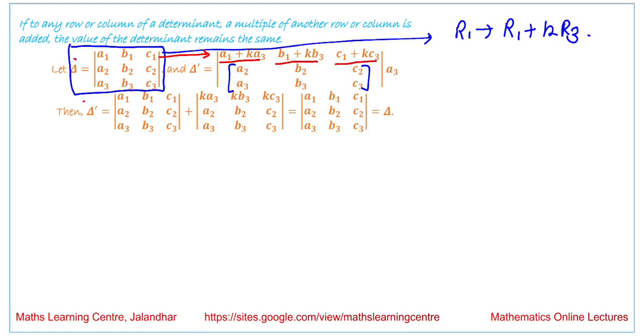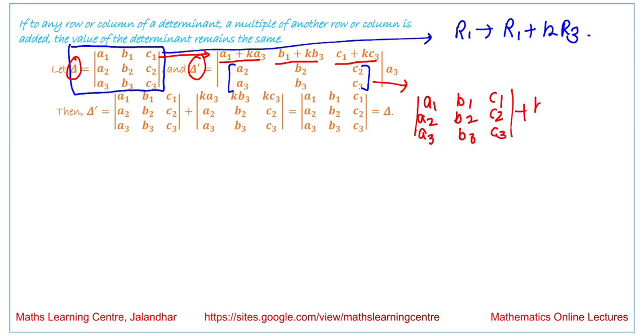We are saying the determinants of both delta and delta dash are equal, because this determinant we can write as determinant of A1 B1 C1, A2 B2 C2, A3 B3 C3 plus k times determinant of k times A3, k times B3, k times C3, and the last row is A3 B3 C3, second row is A2 B2 C2.